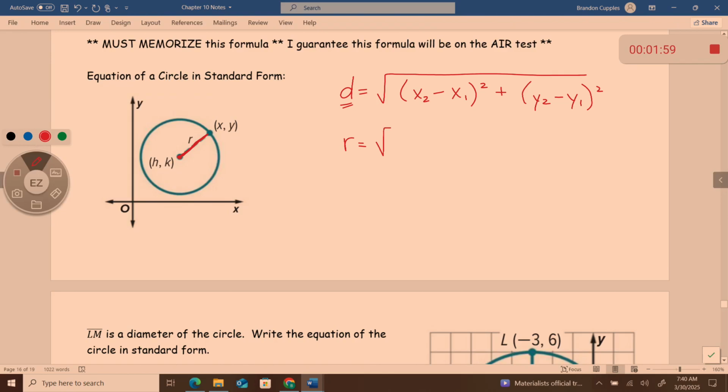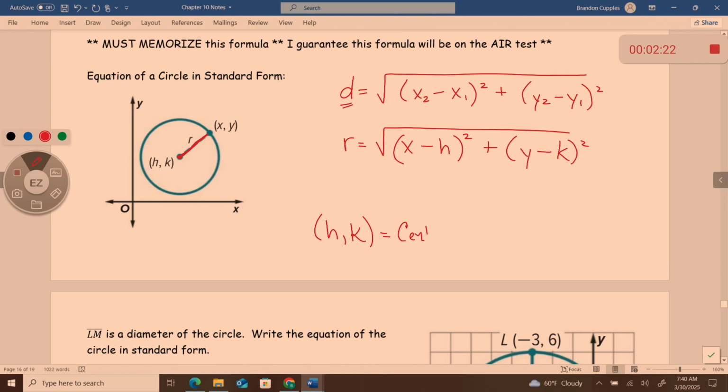And then I'm going to replace the second x with an h and the second y with a k. Your h and your k stand for your center point. And then your R obviously stands for radius.